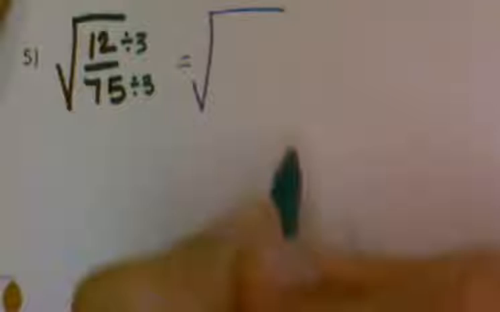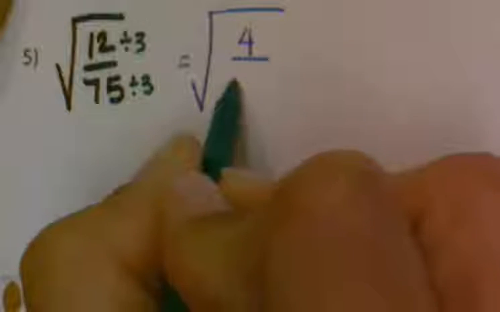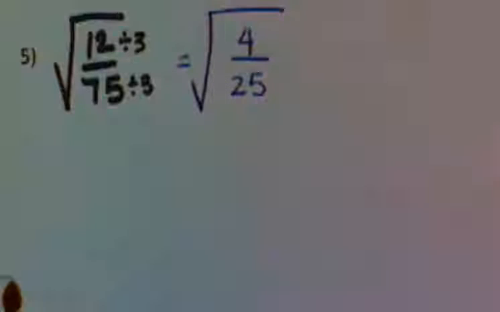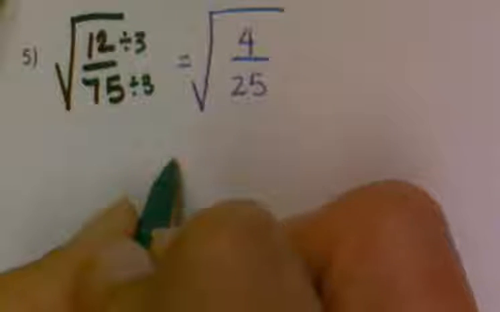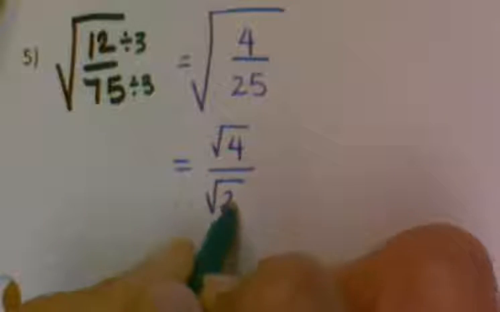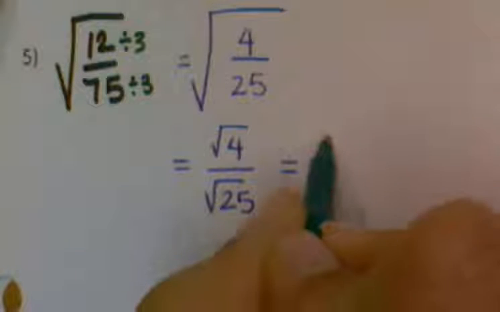We're going to keep our radical sign as a big radical sign, but we're going to do 12 divided by 3, which is 4 in the numerator, and 75 divided by 3, which is 25 in the denominator. Now it's just like the problems that we've already done, where we can split our radical, and from there, simplify each.